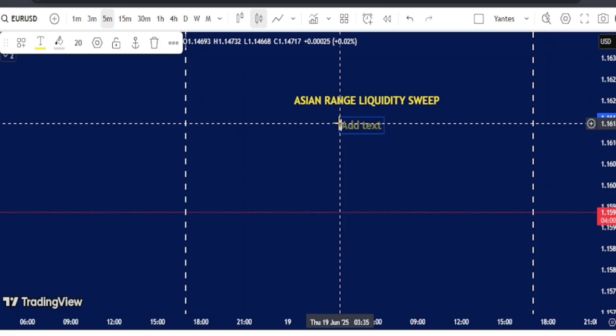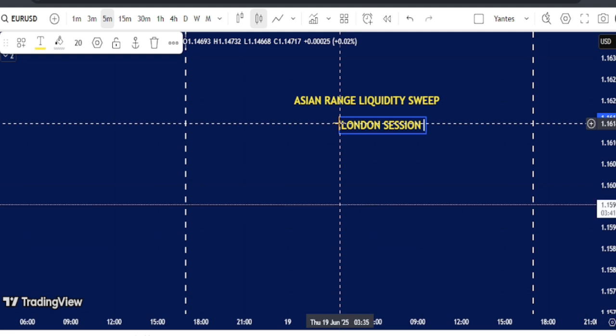We only take trades during London session, which starts at 2 to 5 a.m. That is where we look for our setups. So what are the criteria?